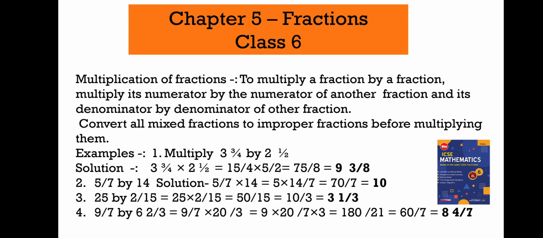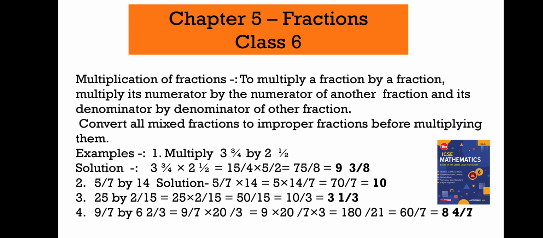To multiply a fraction by a fraction, multiply its numerator by the numerator of the other fraction and its denominator by the denominator of the other fraction. Convert all mixed fractions to improper fractions before multiplying them. Examples. First example, multiply 3 3/4 by 2 1/2.